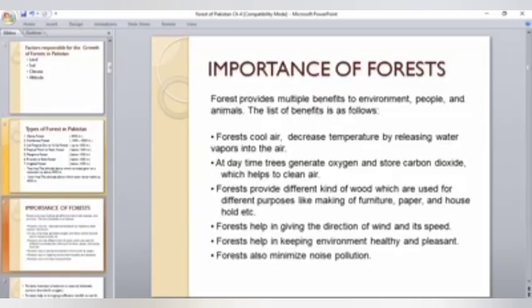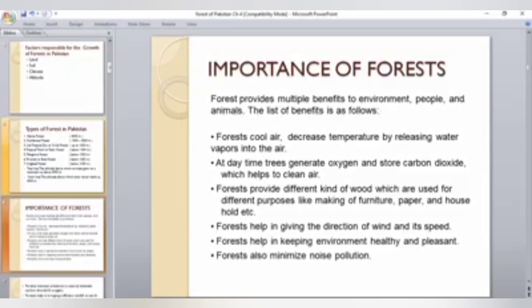Then importance of forest. Forests provide multiple benefits to the environment, people and animals. Forests cool the air and decrease temperature in the daytime. Trees generate oxygen and store carbon dioxide, which helps to clean the air.